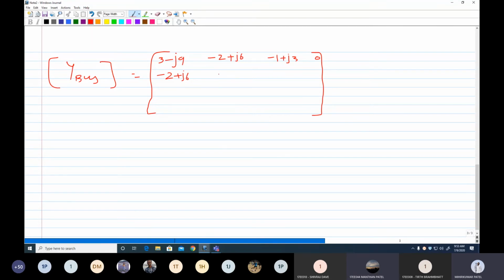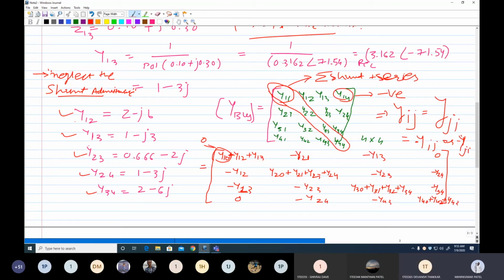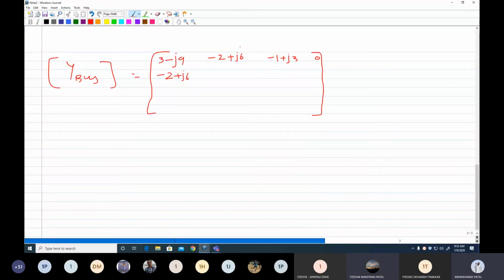What is the value of the diagonal element y22? It is 21, 23 and 24, so it is 3.66 minus j11. Very good.